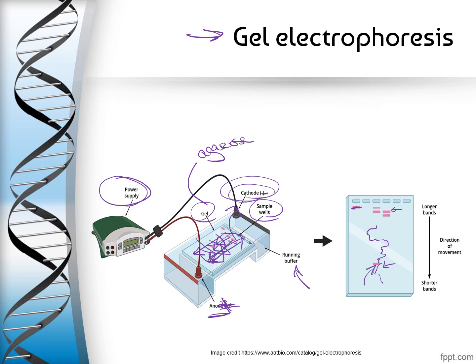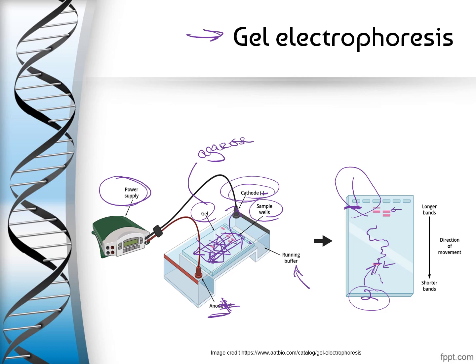Imagine these pieces are like two friends stuck together holding hands in a school hallway, and these are like 20 friends holding hands together in a school hallway. The two friends, the smaller hand-holding pieces, are going to move way faster through the hallway than this big chunk of people, 20 holding hands. Same with our DNA. Little pieces can move a whole lot faster through the gel than can our big pieces.